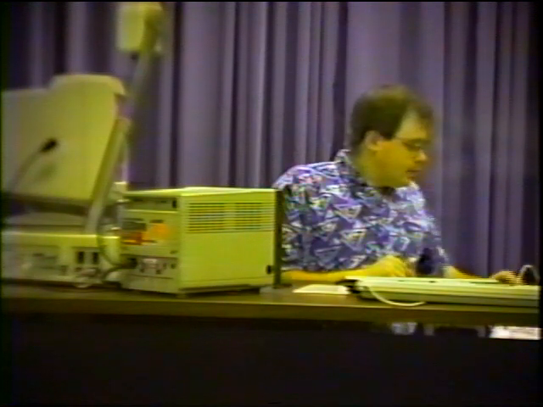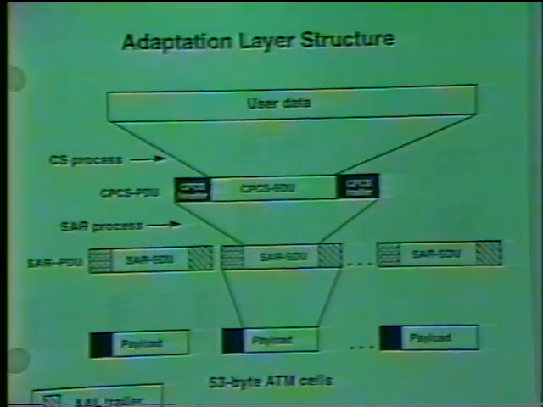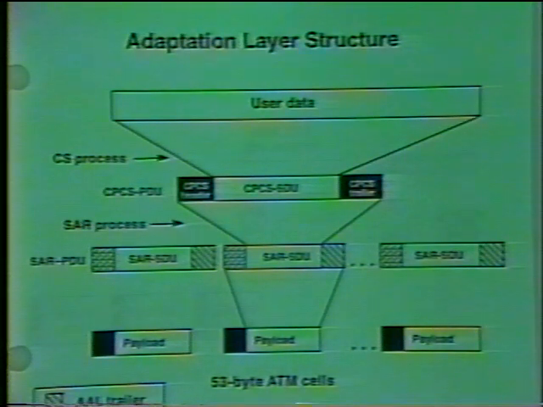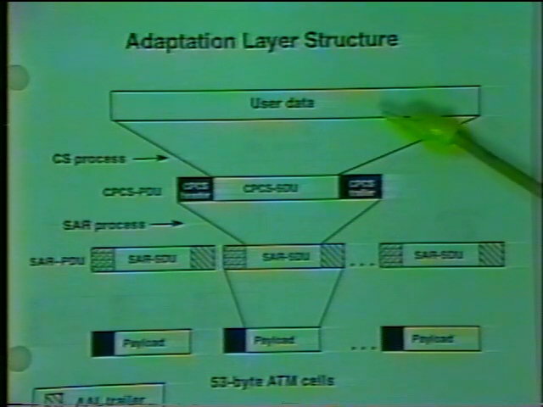Okay, on page 3, and this is making a reference back to page 1, if you're going up and down that ATM model. This is basically what's going on here in a nutshell. The adaptation layer structure says we're going to take some user data, and the AAL, when we're going through these convergence sublayers, usually refers to this portion as the datagram.